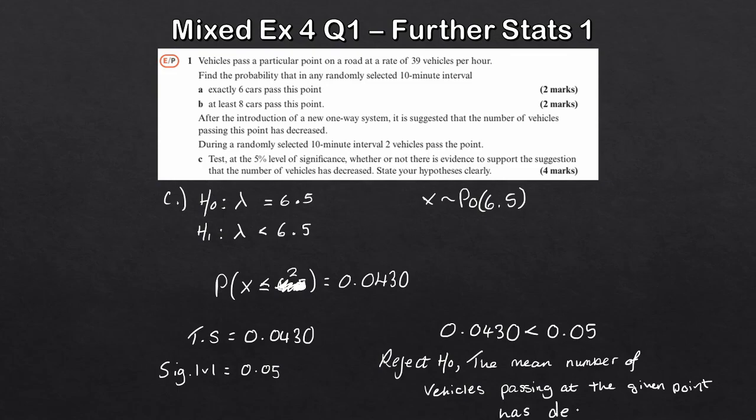So hopefully you can read this. My writing's terrible at the moment. Has decreased. And there we have it. Okay, so 4 marks for that last bit of that question for our hypothesis test.